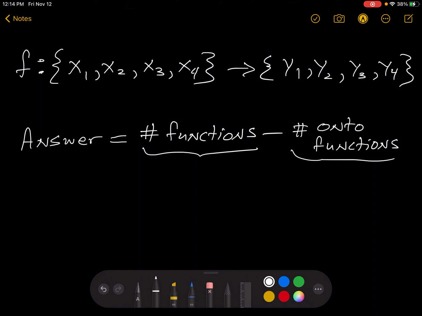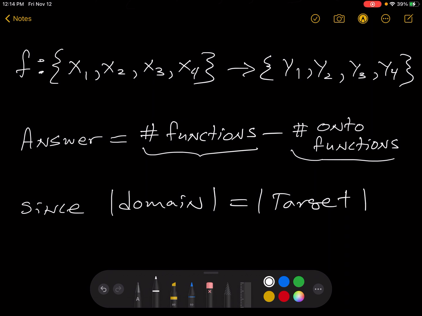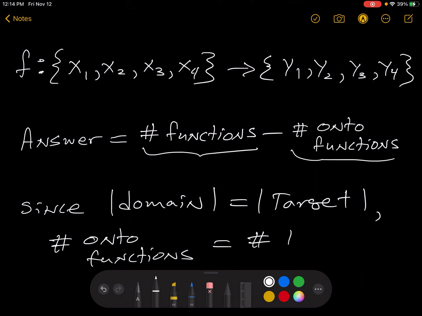But there's another little trick here. Notice that the domain and target have the same number of elements. However many elements you have in your domain will be the same number of elements that you have in your target. And so since the cardinality of the domain is equal to the cardinality of the target, the number of onto functions is equal to the number of one-to-one functions.